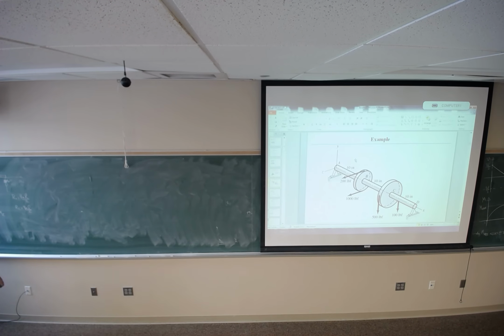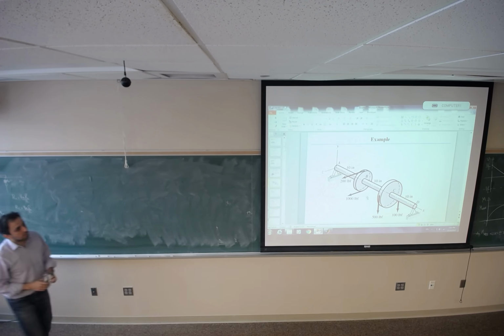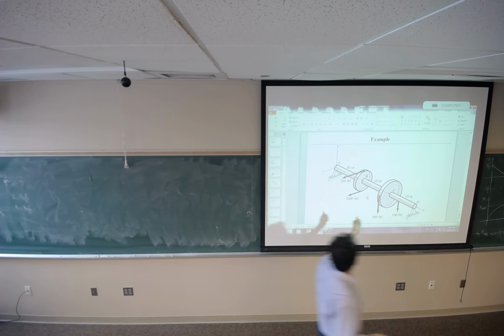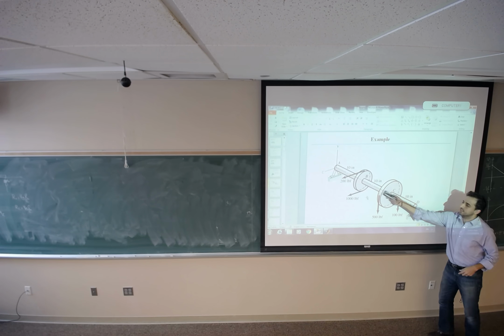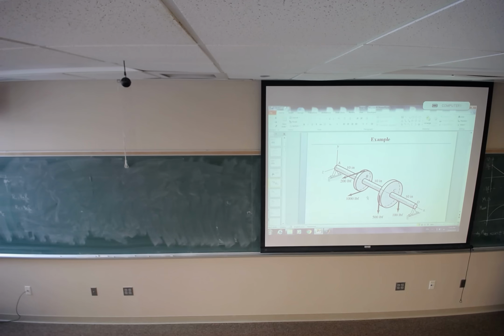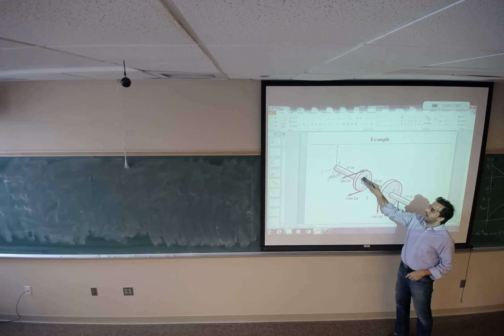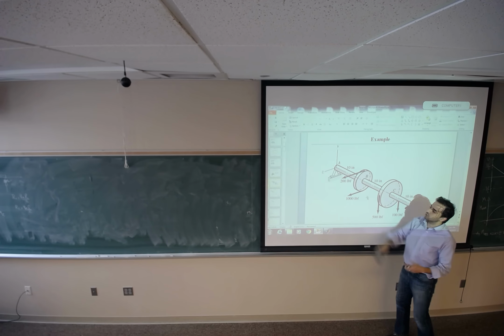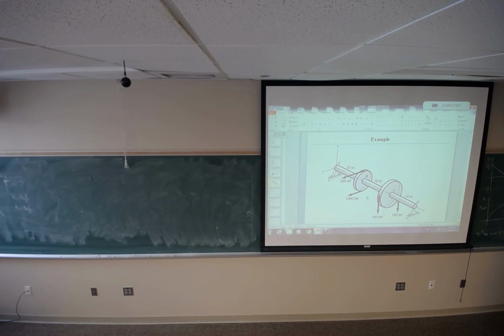All right. Consider this shaft and pulleys. There is a shaft, and these are two pulleys. This pulley has been connected by a belt to the motor, so the motor is going to run this pulley via the belt.